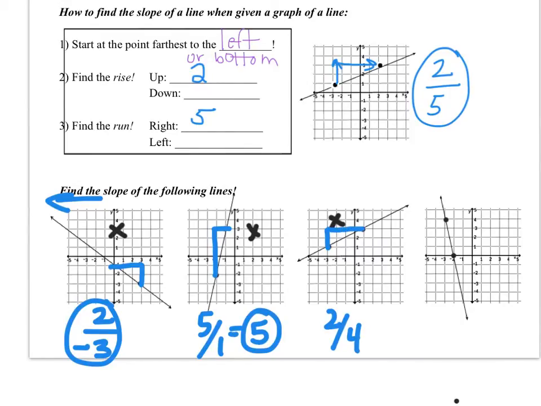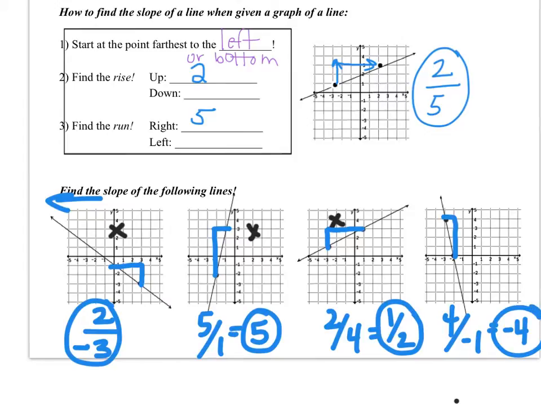So we get 2/4, which reduced is 1/2. Yes, you do need to reduce your fractions. And then for the last one, we have a rise of 1, 2, 3, 4, and then a run of -1, so that's going to give us a slope of -4.